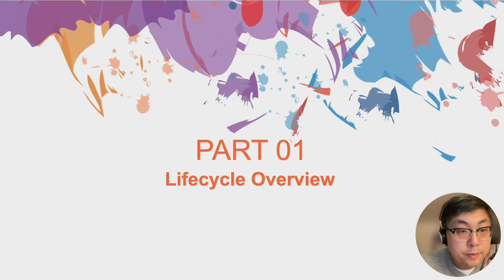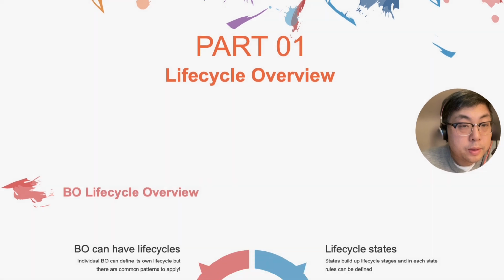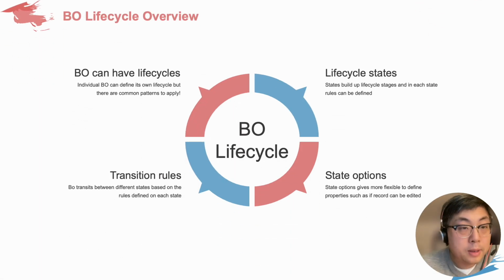So the first part is the life cycle overview. First of all, a BO can have life cycles, and different BOs can have different life cycles. What I want to emphasize here is that a life cycle can be defined based on business requirements.